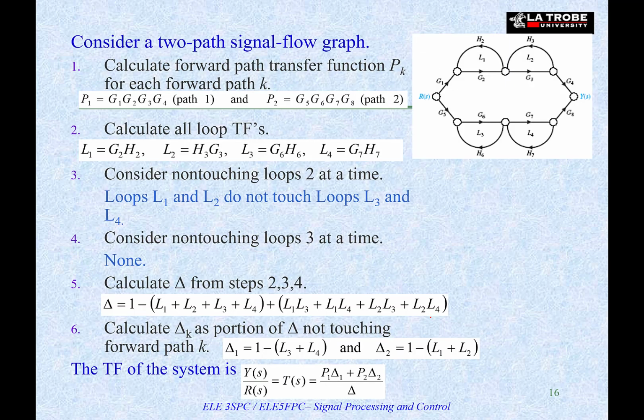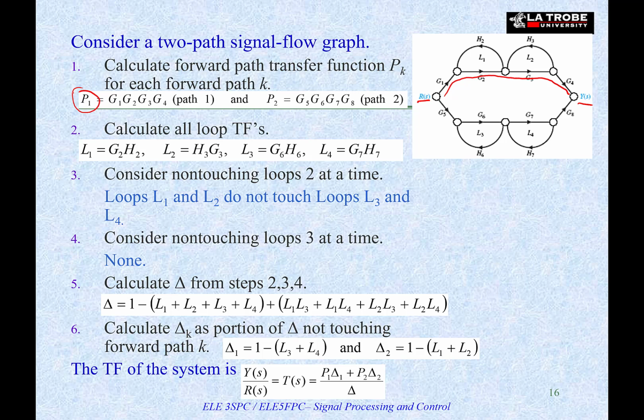It's better to look at an example. In this example, we see 2 paths between the input and the output. These 2 paths, if you follow my pointer, this is what we call path P1.